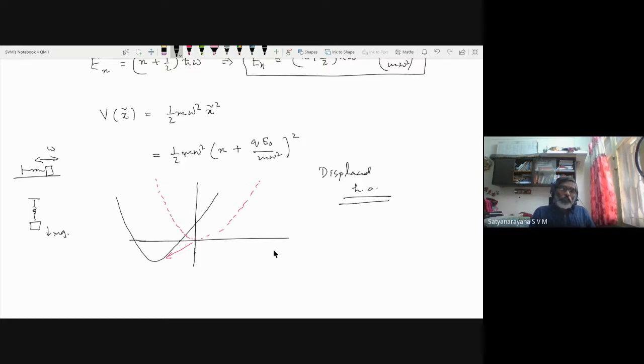That means instead of oscillating around this point A, it will oscillate around some other point A prime. The equilibrium position gets displaced. In the same way, this equilibrium position gets displaced, so that is why this is called a displaced harmonic oscillator. Of course this has some interesting consequences, and we will not go into that.